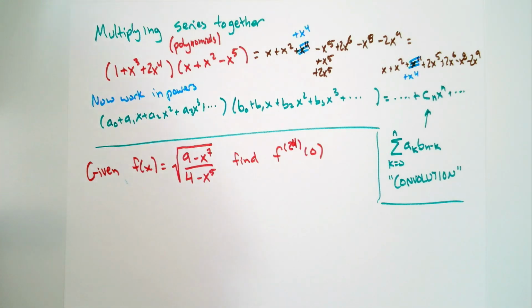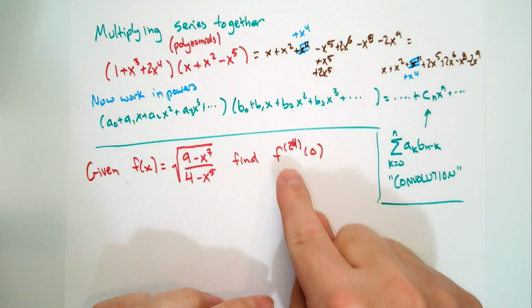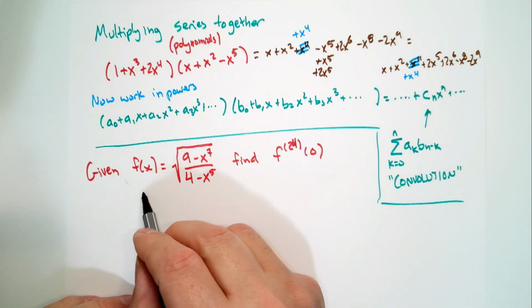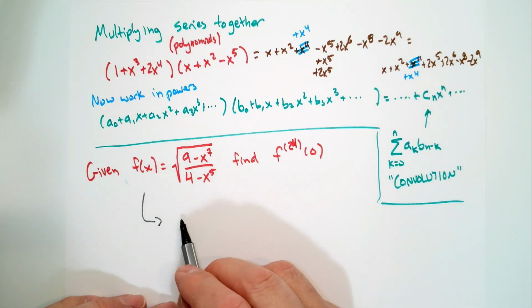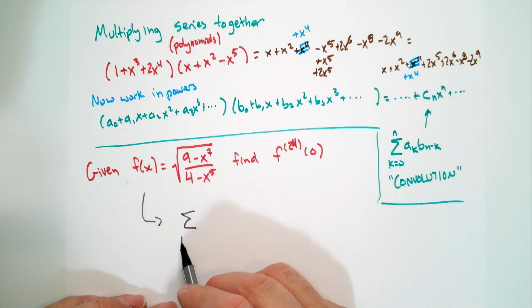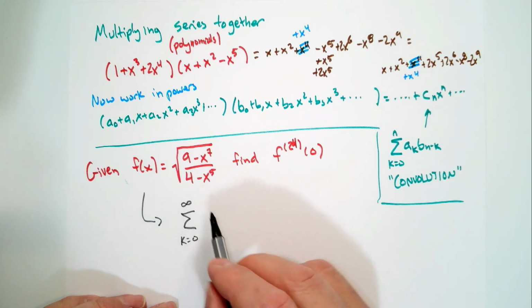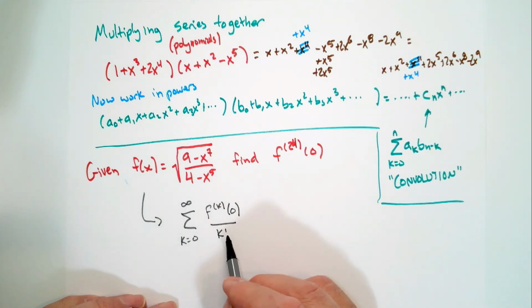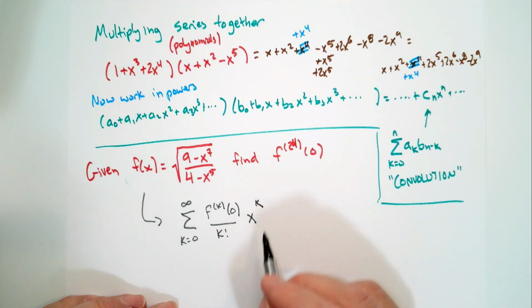I don't recommend that approach. For one thing, it takes a month. So let's avoid that. Okay, so how can we avoid it? So what we're going to do is say, let's figure out what's going on. Now, whenever you're asked to find a high order derivative, now that we have our tool, we say, if we could find a Taylor series for this, we could say f of x is the sum from 0 to infinity of the kth derivative evaluated at 0 over k factorial times x to the k.